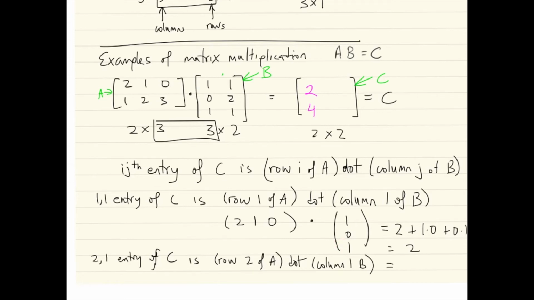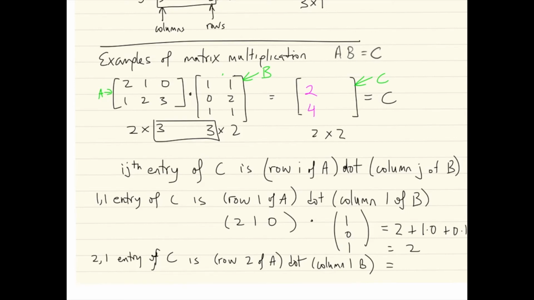And what the dot product is, you take 2, multiply it with 1. 2 times 1 is 2. You take 1, multiply that with 0. So that's 1 times 0, which is just 0. And then finally you take this 0 and this 1, multiply them together.